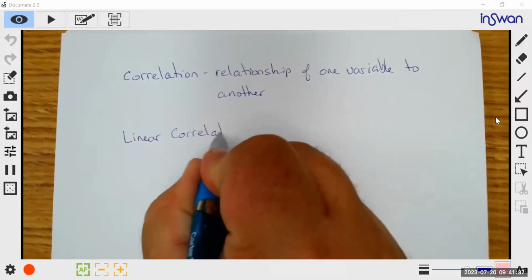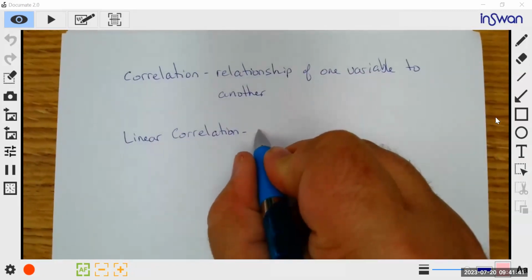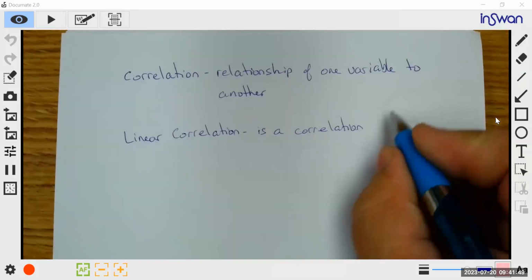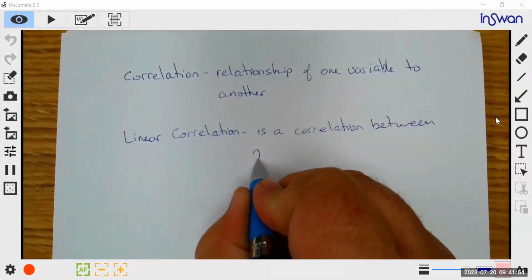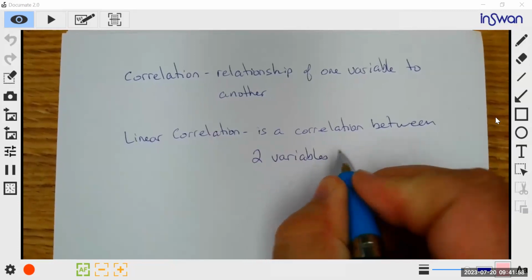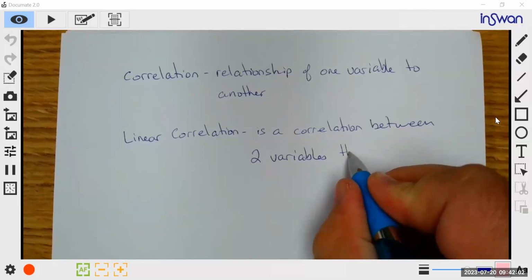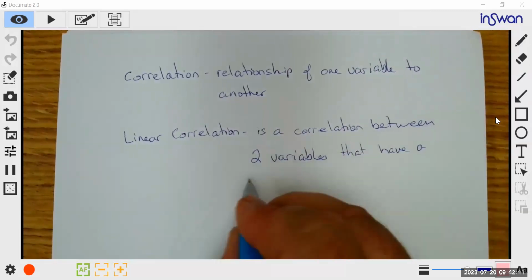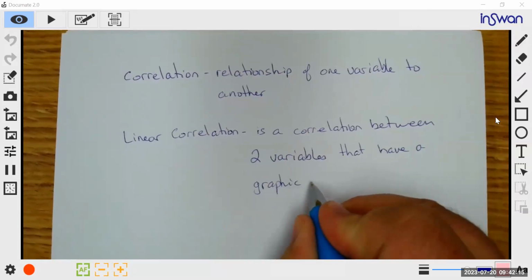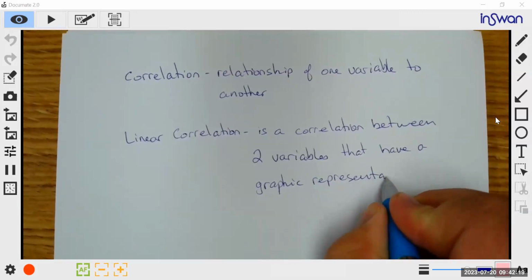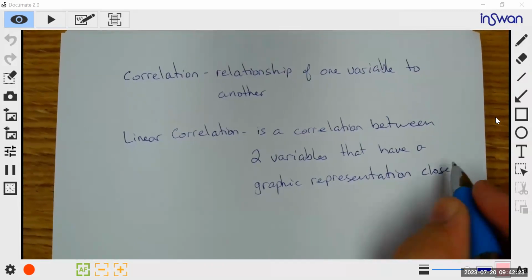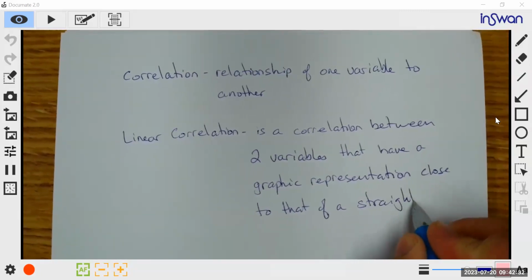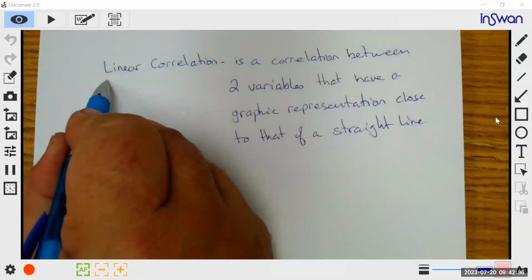Linear correlation is a correlation between two variables that have a graphic representation close to that of a straight line. Hence linear.